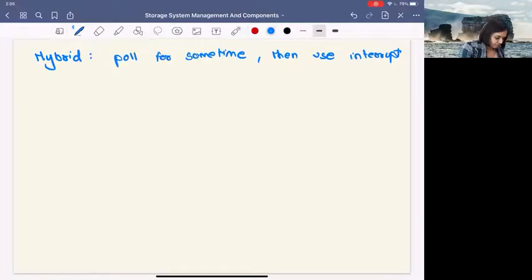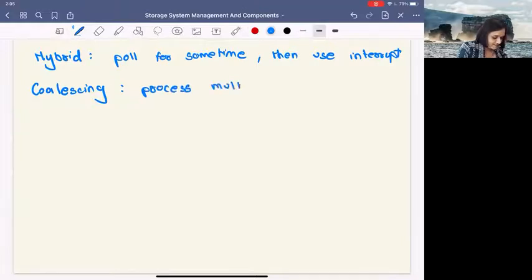And another solution, do you need some more time to think? And another solution is coalescing. So coalescing is what?